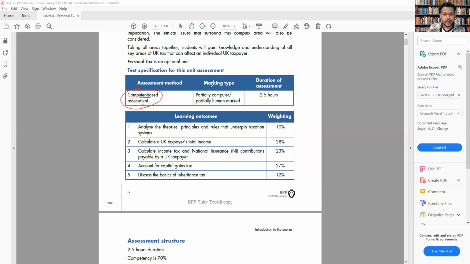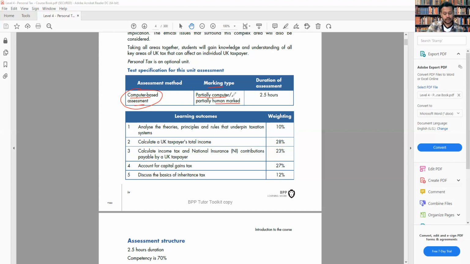The next one, we have marking type. Half of the exam or more than half of the exam will be marked by the computer automatically. So it says partially computer and partially human. Human marking is only involved where there is no number. For example, if the question asks any question from the theoretical part, any question from the ethics, where you have to write the answer. And of course, this answer will be different for everyone.